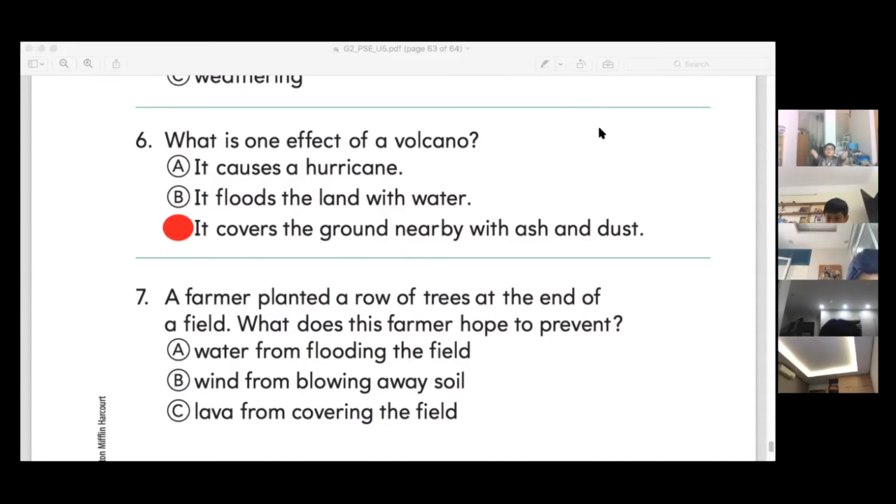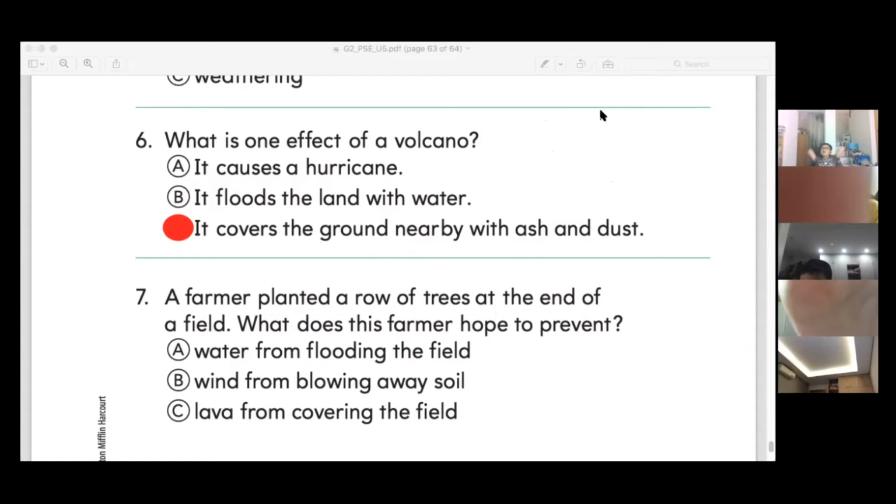Number 7. Let's have Milk. Milk, can you read the question and the answer for number 7? A farmer plants a row of trees at the end of a field. What does this farmer hope to prevent? Excellent. What is the answer, Milk? What does he want to prevent? A. Will a row of trees help stop flooding?